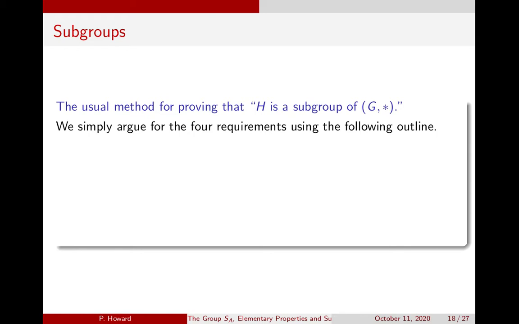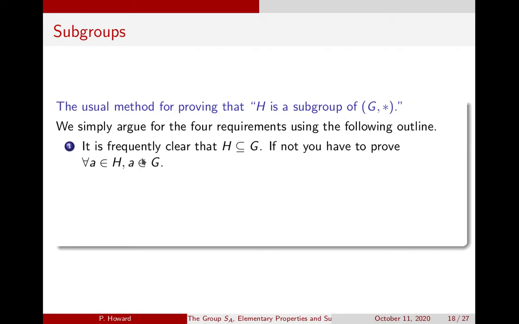We use the following outline. It's frequently clear that H is a subset of G. In many examples, for number 1, we won't really have anything to do. But if it's not clear, you have to prove it. You have to prove for every element of capital H that element is also in capital G.